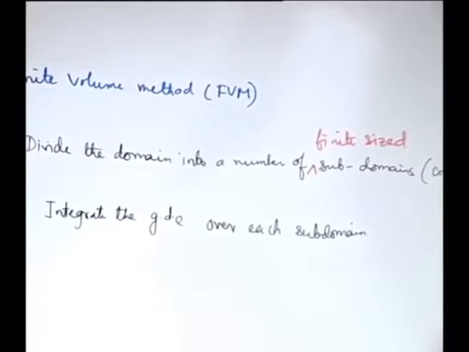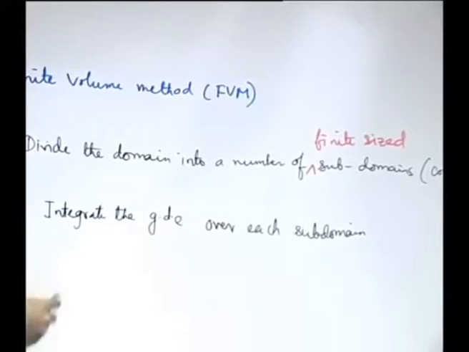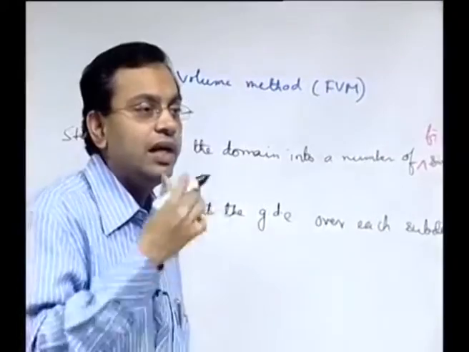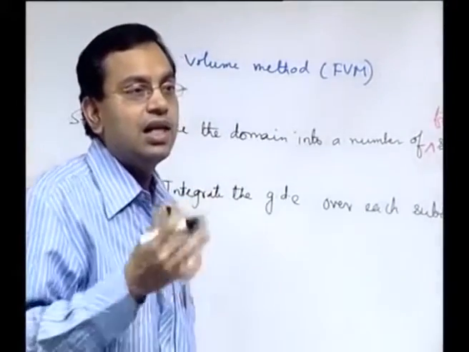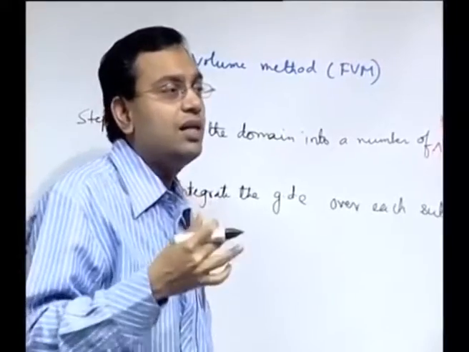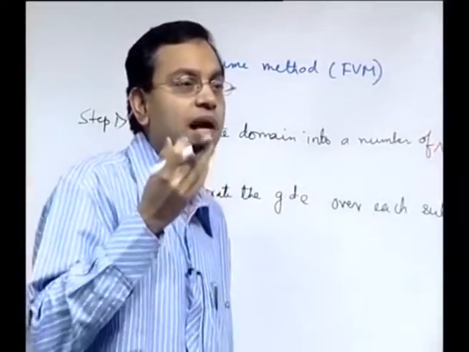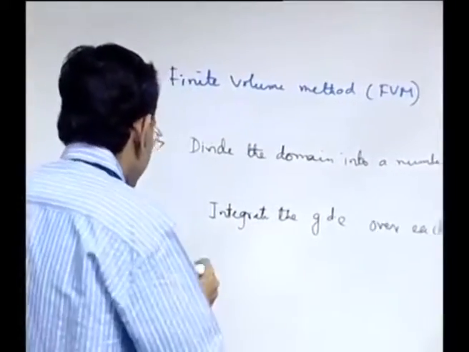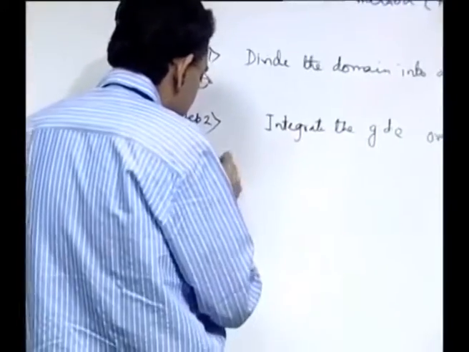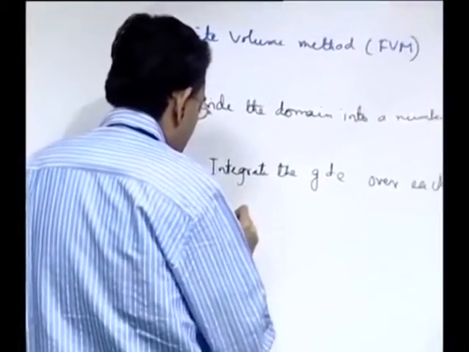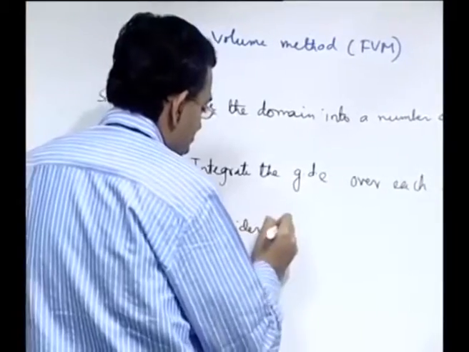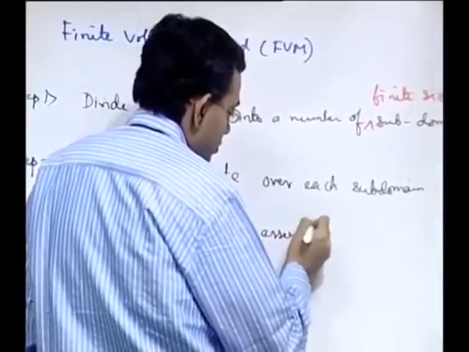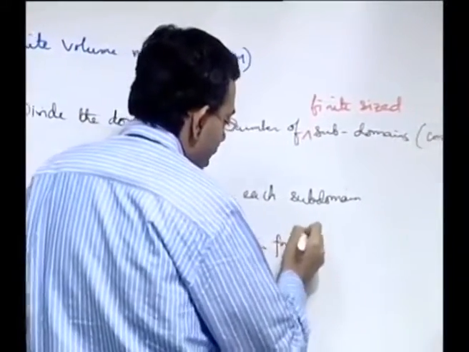Once you do that, we will show that you eventually get integral expressions, because you have integrated a differential expression, and in the integral expression you can evaluate the integral provided you have an approximation of the variation of the dependent variable. So, step 3, consider a profile assumption for the dependent variable.